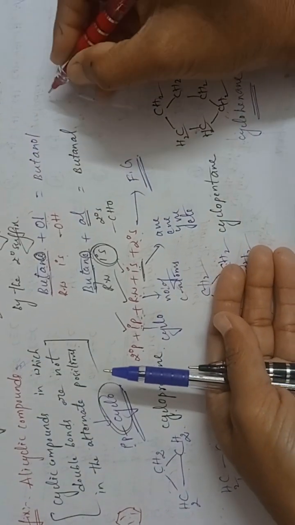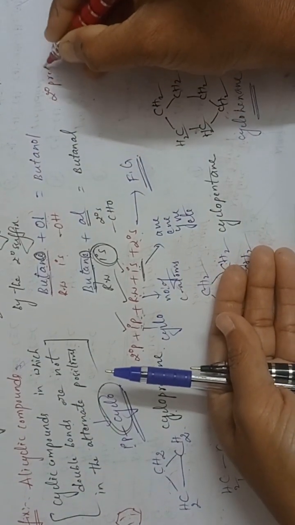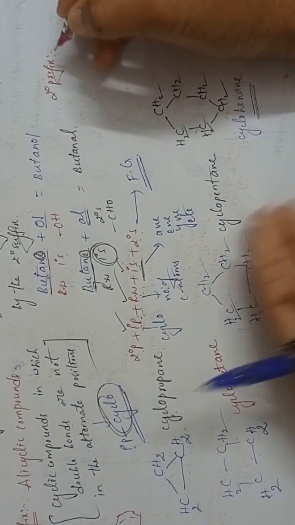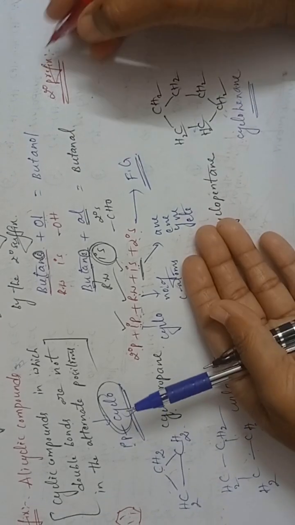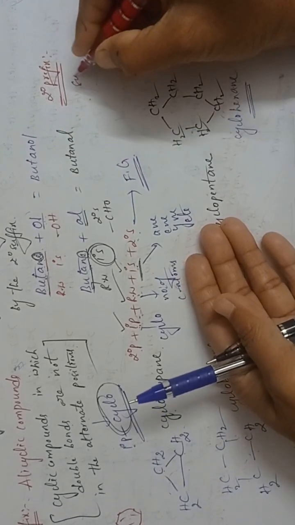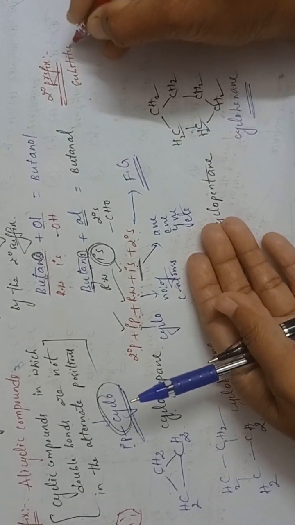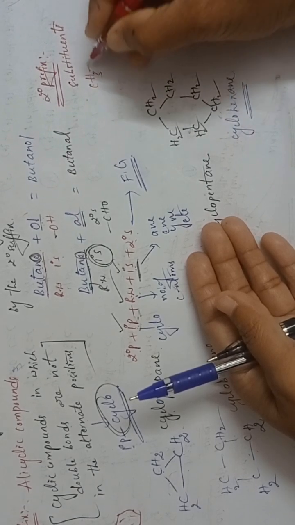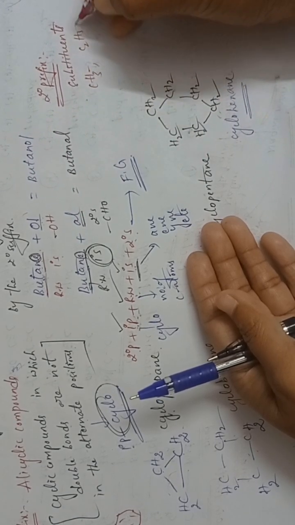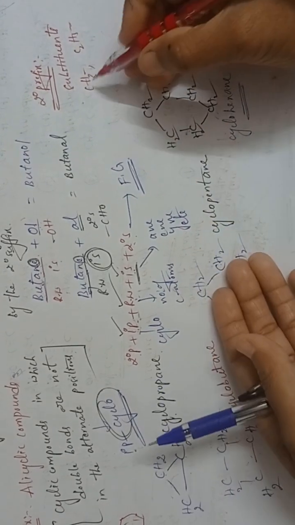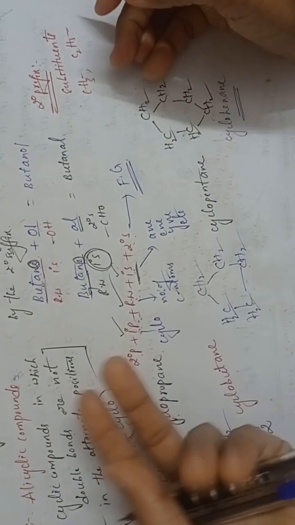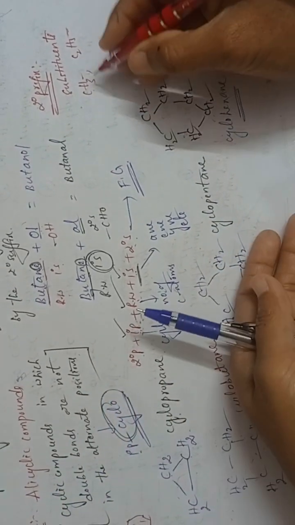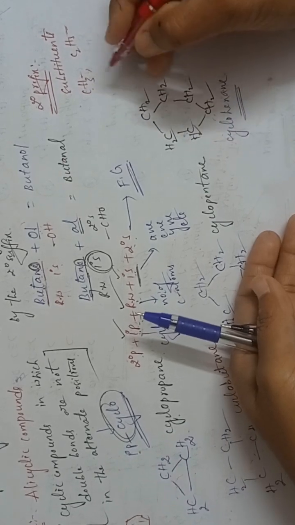What is the secondary prefix? Secondary prefix indicates, students, substituents. Side chains, for example methyl, ethyl. Methyl has one carbon. If side chains are there, we have to use methyl, ethyl like this.